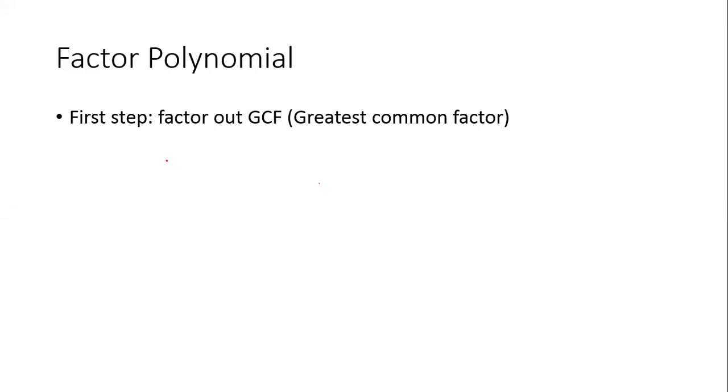For example, if we have something like 3x squared y squared minus 12x y cubed minus 15x squared y cubed, how can we factor that?